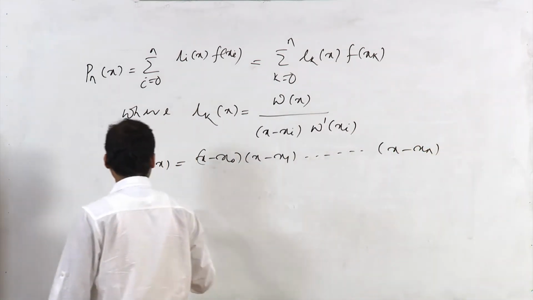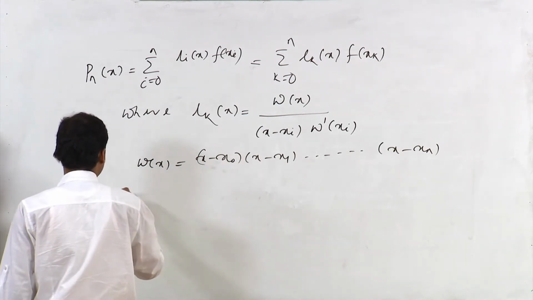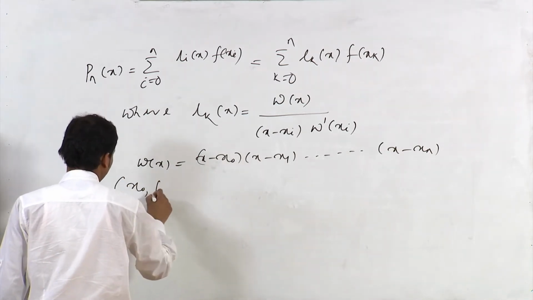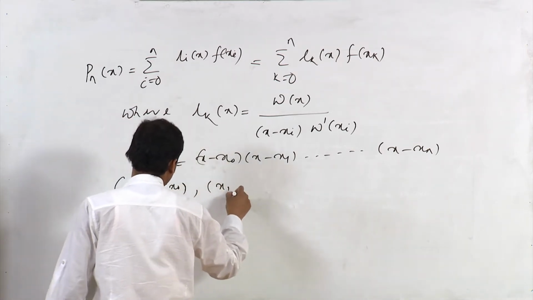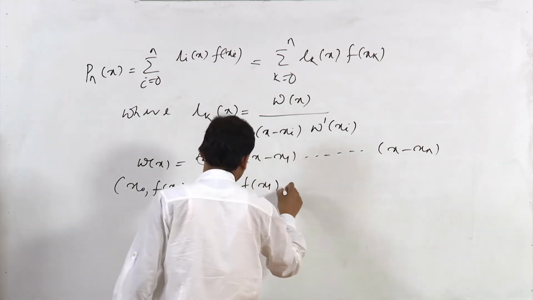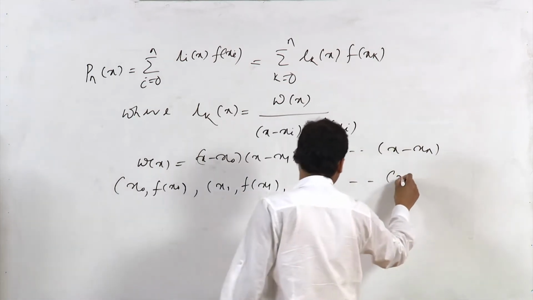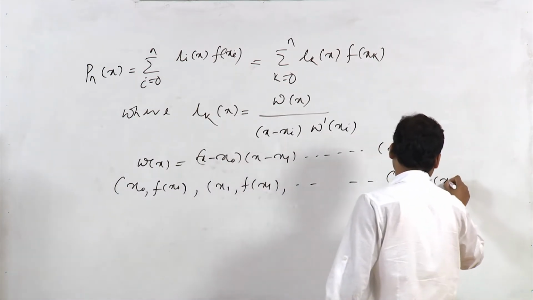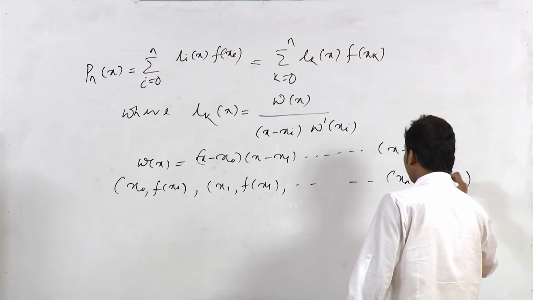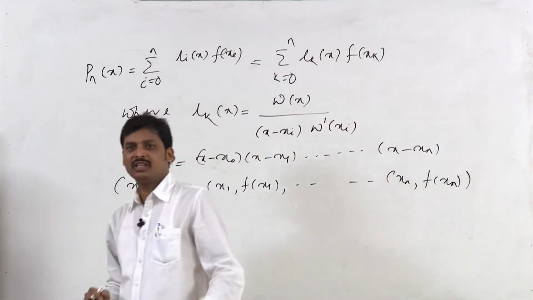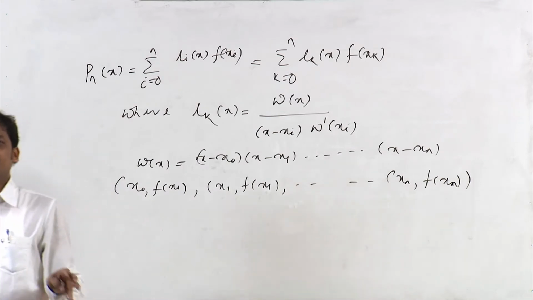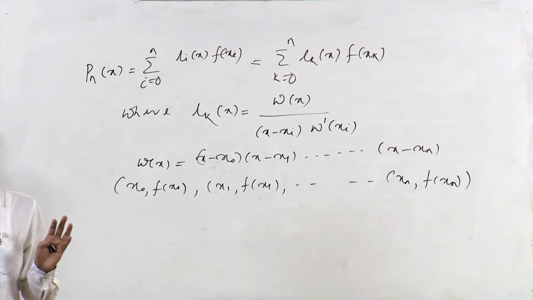Since we have here these tabular points expressed in the form x0, f(x0), x1, f(x1), up to xn, f(xn). Especially, we are evaluating these derivatives in the situation where the function is not known to us explicitly.